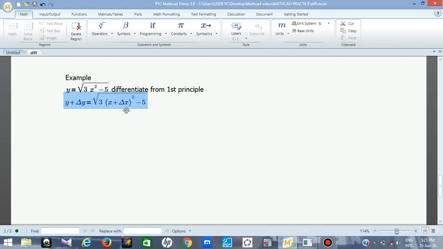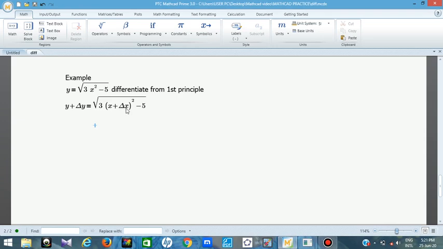So this is the first thing you need to do. Take note of that. The values of x and y, you need to add delta x to it and delta y to this side. We are doing this because delta y and delta x just give us the changes that occur when a value moves along the point, along the line. So that is that. And the next step we need to do now is take y to the other side.